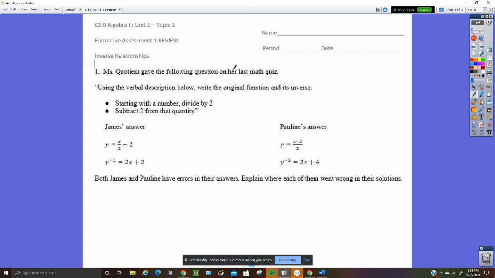So if I look at this, start with a number and divide by 2, and then subtract 2 from that quantity, this is correct.